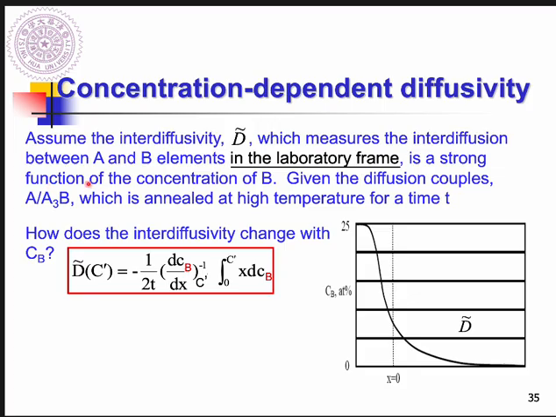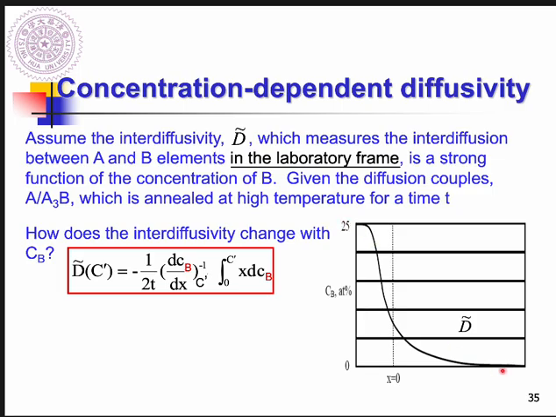And it's a strong function of concentration B, which means that diffusivity changes with concentration B. Given the diffusion couple here, which is annealed at high temperature for time t, how does the interdiffusivity change with Cb? So you can get this concentration profile after time t. You section these materials and try to plot the Cb as a function of location.